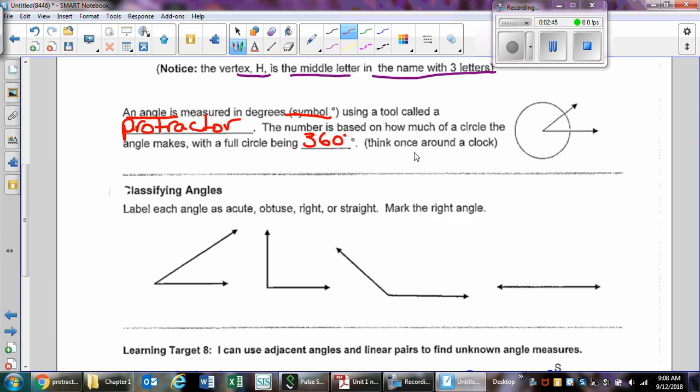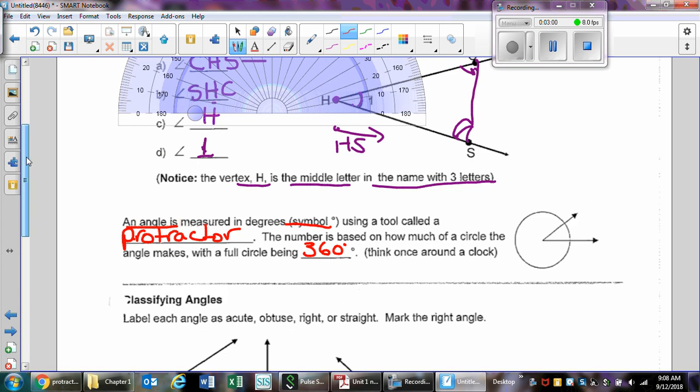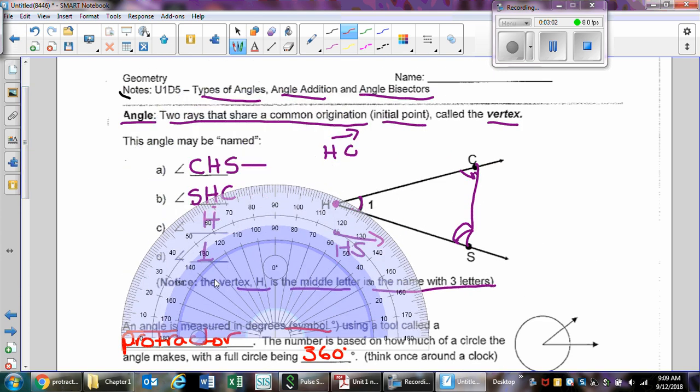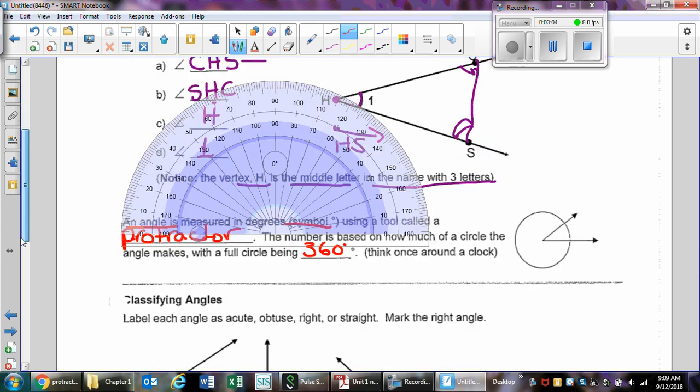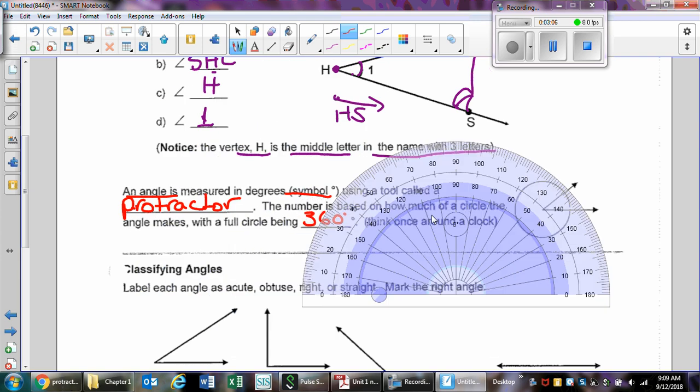Think of it like a clock. I have a protractor here, so I'm going to show you what it looks like, for those who haven't seen it before. It all depends what kind of background you have. So this is a protractor.